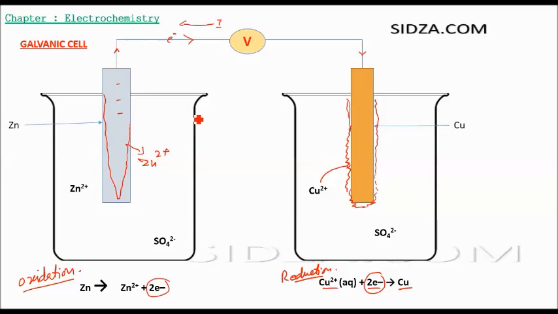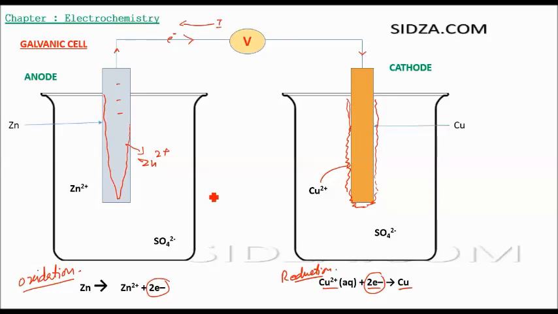Therefore the zinc, since it undergoes oxidation, will act as the anode, and the copper, which gains electrons and undergoes reduction, will act as the cathode.